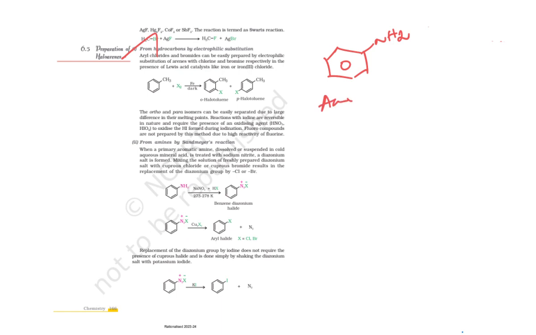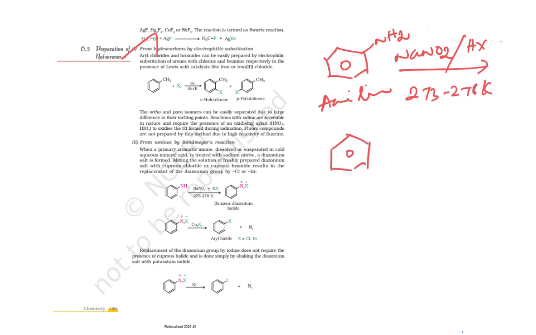This aniline reacts with sodium nitrite, NaNO2, and hydrogen halide at 273 to 278 Kelvin. At that time there is formation of benzene diazonium chloride. This is benzene, this is diazo, this is chlorine. So we call it benzene diazonium chloride.